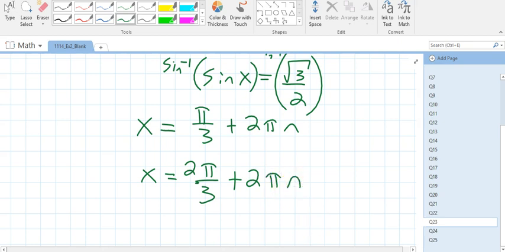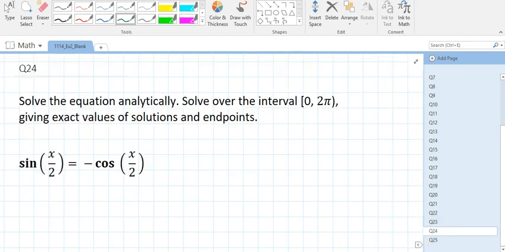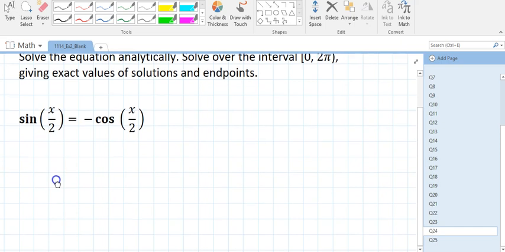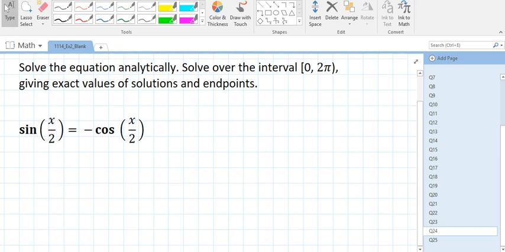Cool beans? Everyone good? Last two questions come from 10.6. Look familiar? Very closely related to the one that we did in class today.